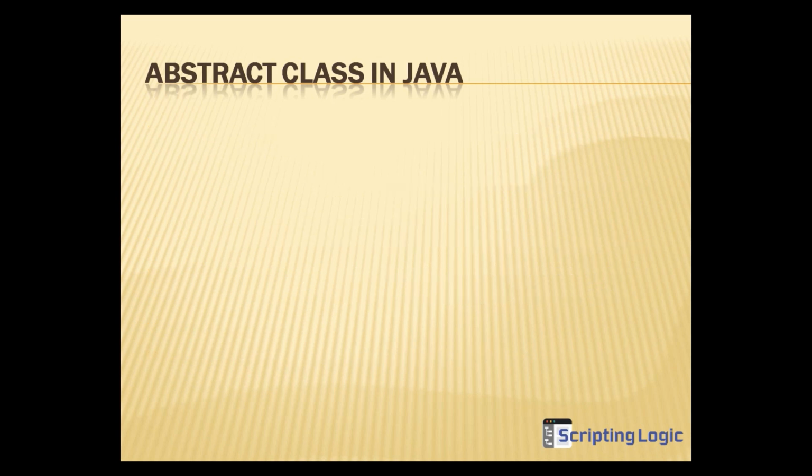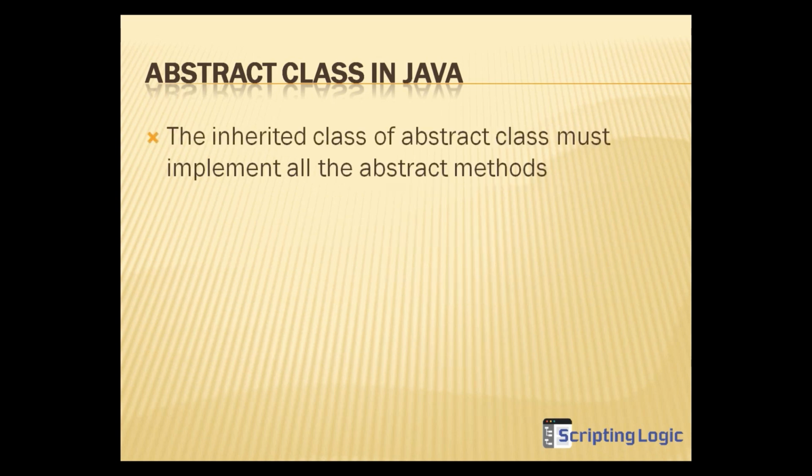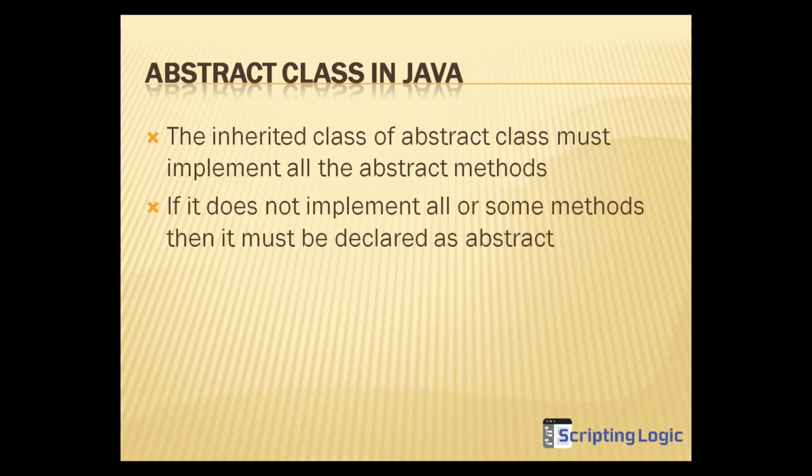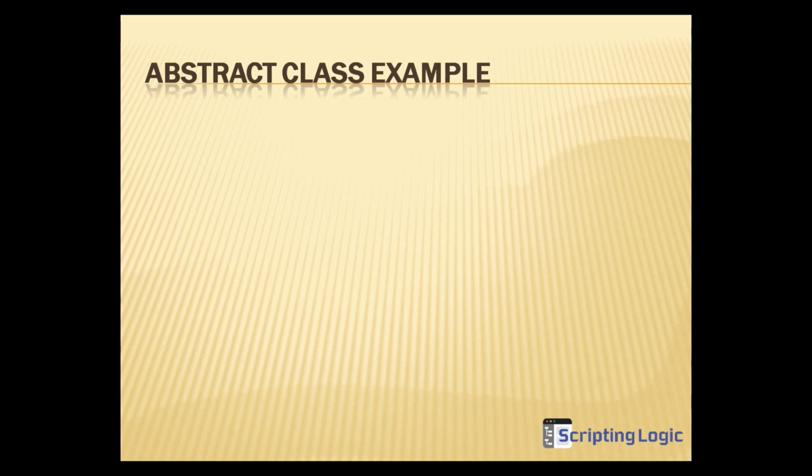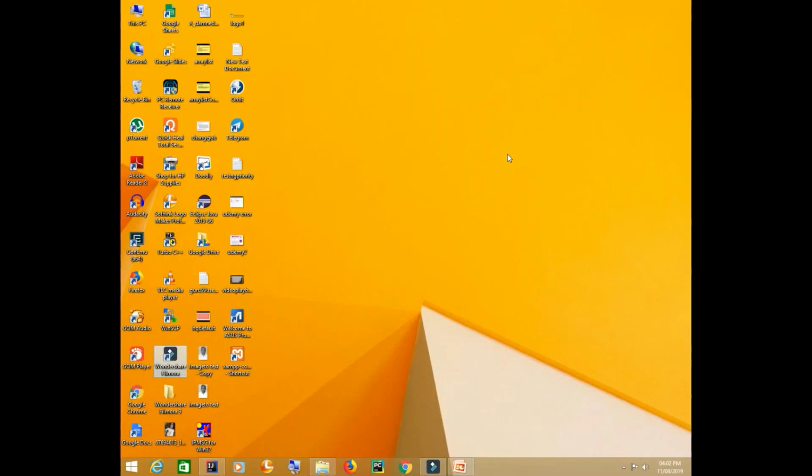So the inherited class of an abstract class must implement all the abstract methods. If it does not implement all or some methods, then it must be declared as abstract. So let us see an example. We will implement this example.